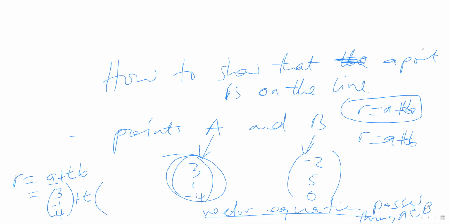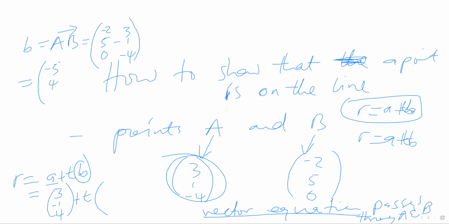Your b is a direction vector, which in this case is going to be AB, meaning you're just subtracting (-2, 5, 0) minus (3, 1, -4), which gives us (-5, 4, 4). That's the direction vector, so we have written the equation.